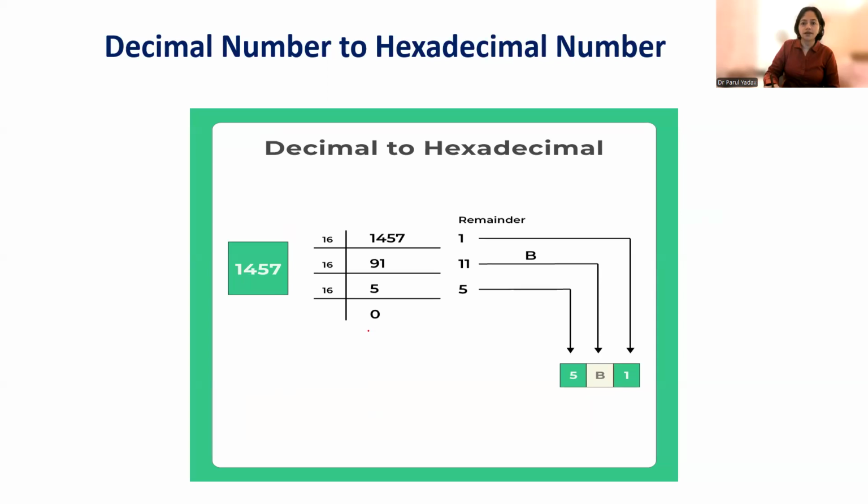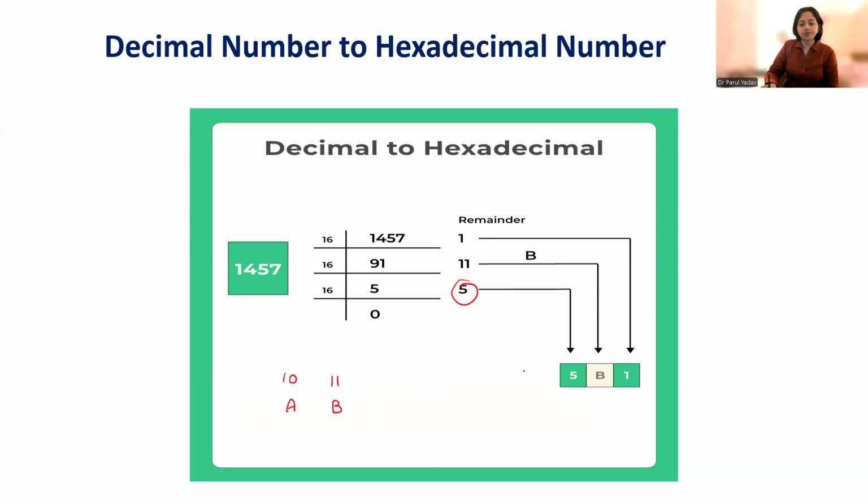Now the next thing is to write these numbers in reverse order. So you will write first 5. Then you will write 11. Now, you know we will not write 11. We will write B, right? We know A is used for 10 and B is used for 11.